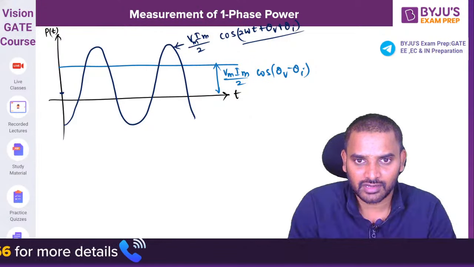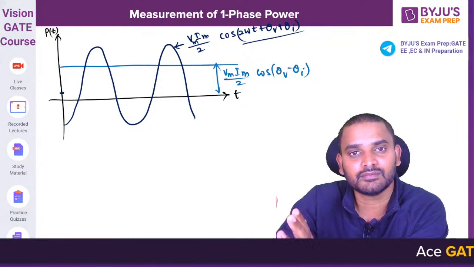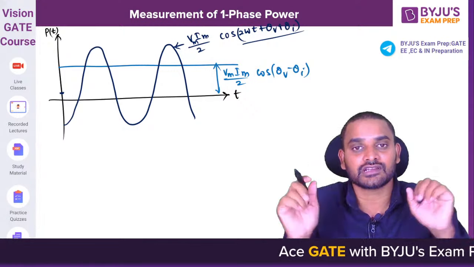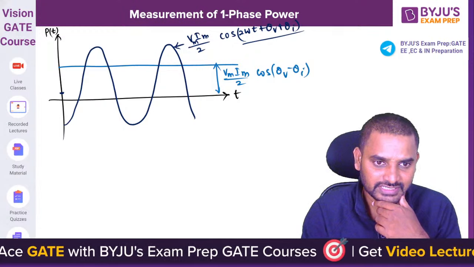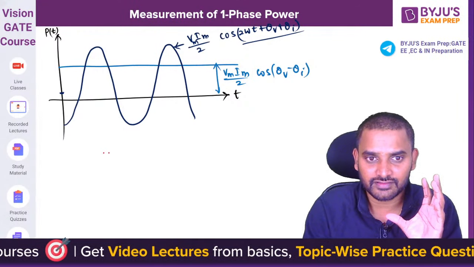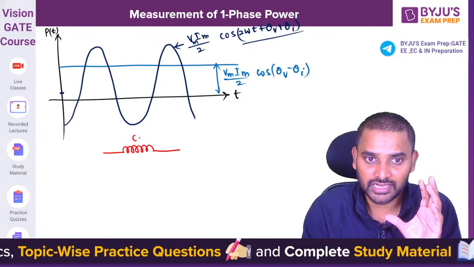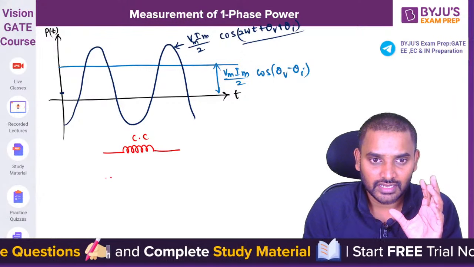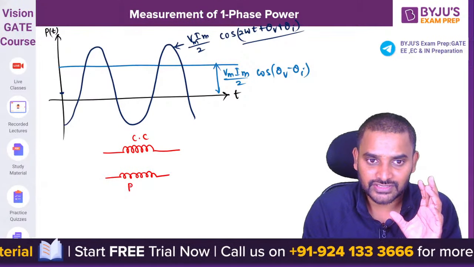Now this waveform is going to be applied to the meter which is connected between source and load. Please try to understand here. If I have a meter which consists of a current measuring coil, that is the current coil, and a voltage measuring coil, that is called the pressure coil.